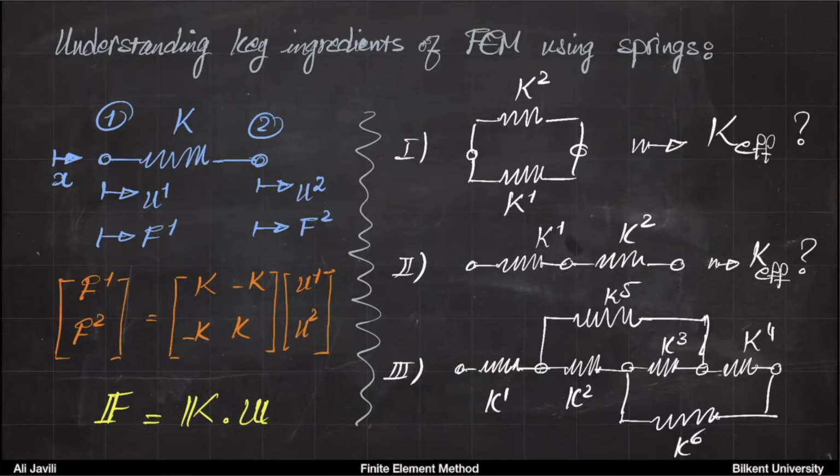Okay, so as you can see, the first two systems, based on your previous knowledge, you know the answer. They are pretty straightforward, but the third one is not. Now, in order to approach the third one, we first need to do the first two, but from a different perspective, from our own perspective of finite element method.